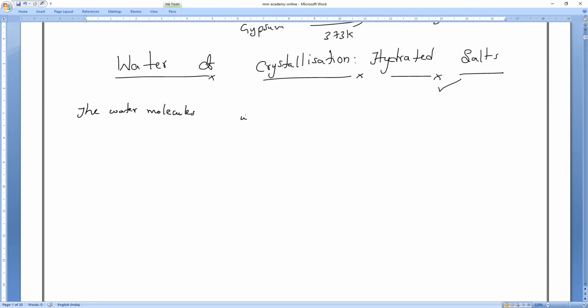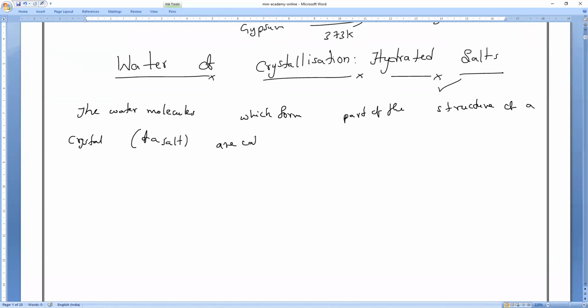The water molecules which form part of the structure of a crystal of a salt are called water of crystallization. Is it okay? Everybody clear?